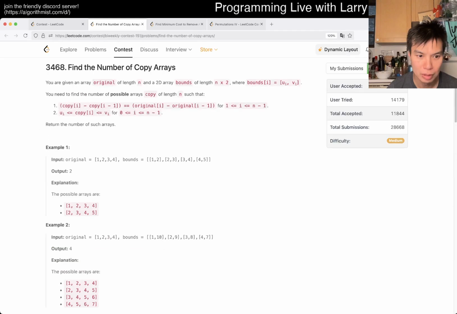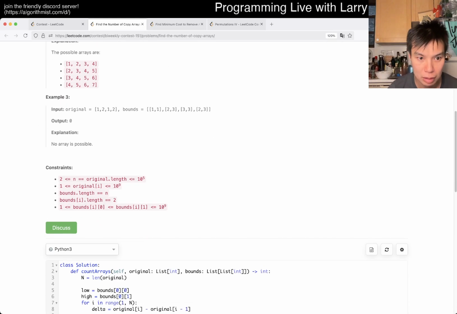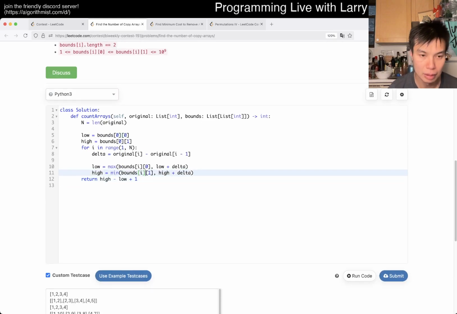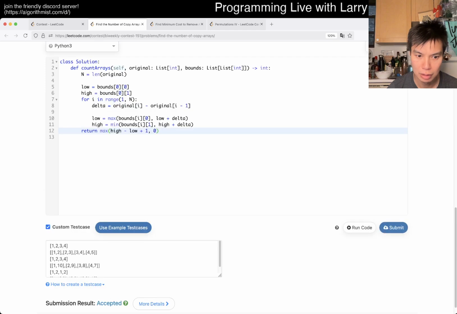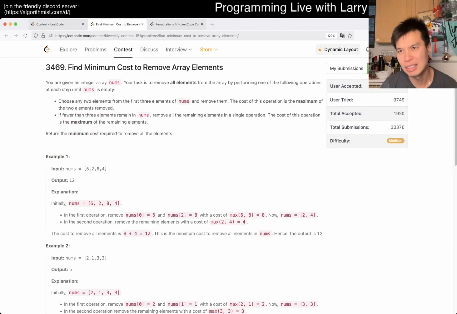Ooh, I mean the negative one makes sense, but yeah, and then we just max this of 0, and you could early terminate, but I think this is fine, right? Yeah. Honestly, that problem was all intuition, so I didn't really slow down to prove it, but it makes sense. I'll draw it out later in the explanation.